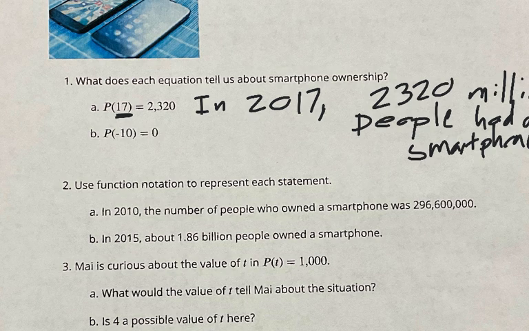If you look at the second one, P of -10 equals 0. In 1990, 0 million people had one.